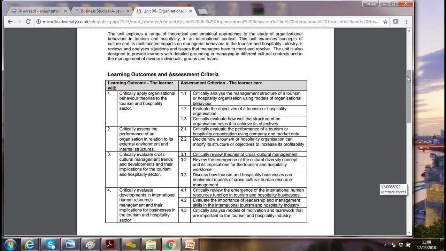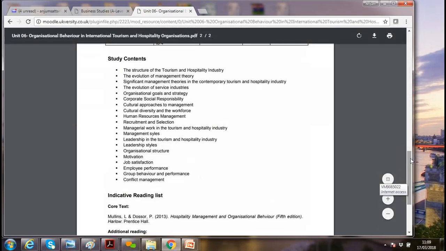So today I'm focusing on the first learning outcome: critically analyze the management structure of tourism and hospitality organizations using the models of organization behavior. Behavior is quite a vast area, and for the marketer it's good, first of all, to understand the difference between needs and wants, and why marketing activities are important in an organization.